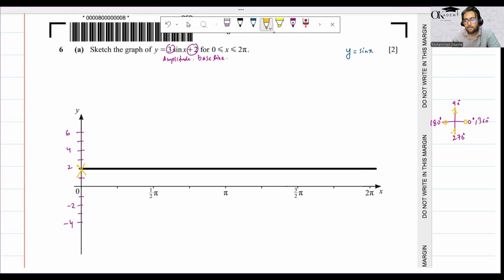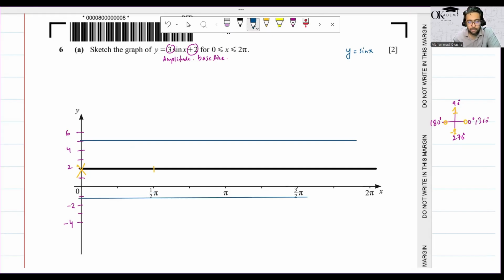So at 0 degrees, it's going to be on the baseline. Then we'll move it 3 units up because the amplitude is 3. At pi by 2, which is 90 degrees, I'll move 3 units up, and it's going to go 3 units down over here.